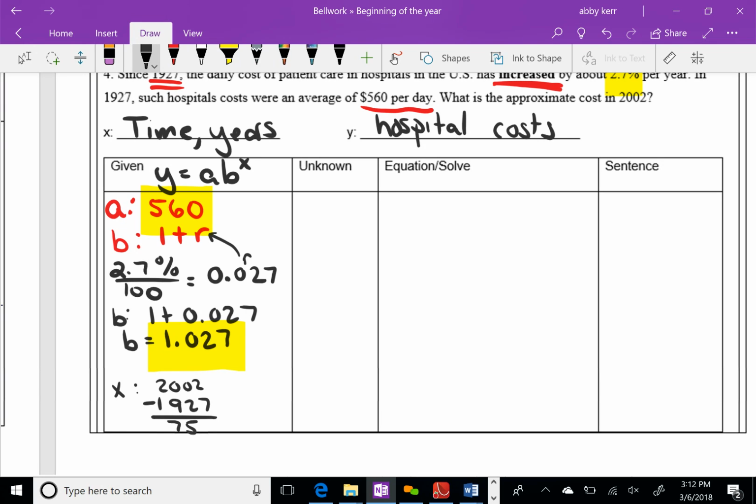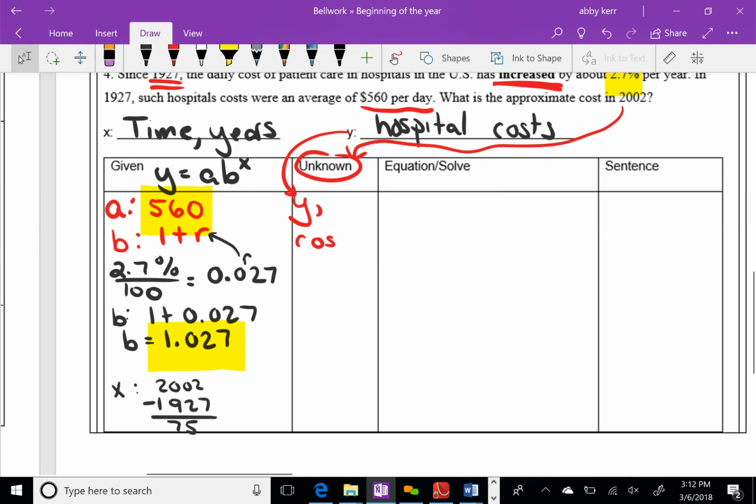Now the unknown is the challenging part, because you want to look back in the problem, and it's what is the cost in 2002? And since we talked about costs for our y, that's why we're solving for our y. So costs in 2002.